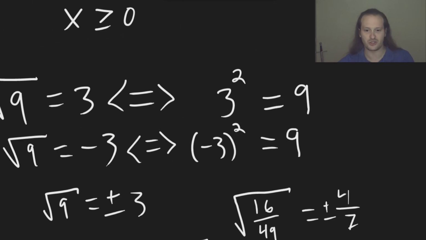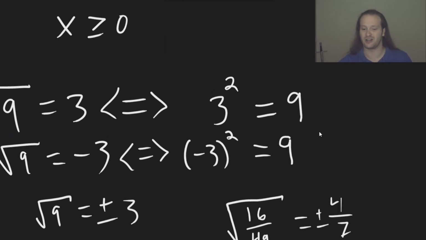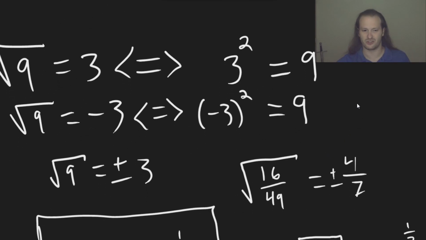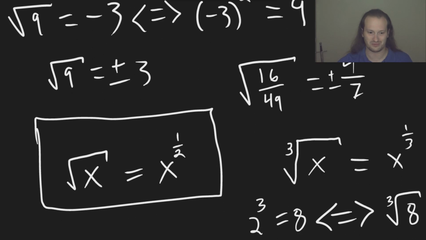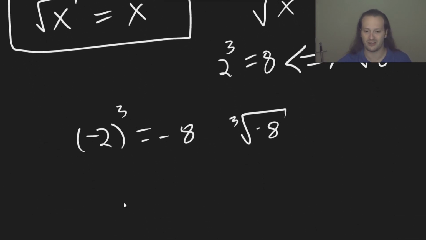Up here, there's no way we can square something to get to a negative number. That's why we can't put negative numbers inside even numbered roots. But we can put negative numbers inside odd numbered roots.